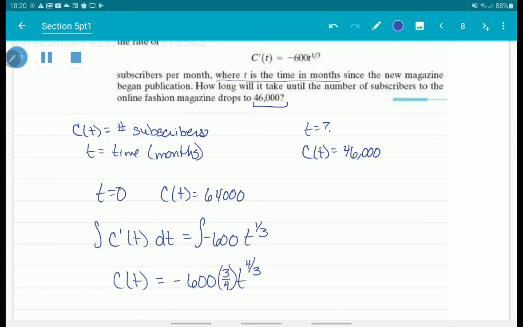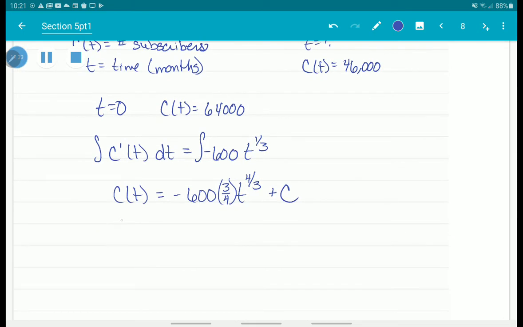So I'm going to go ahead and just jump to that step. And then we're going to have plus C on the end that we have to figure out. So C of t, our equation that's going to tell us how many subscribers we have, is going to be equal to negative 450 t to the 4/3 plus C.